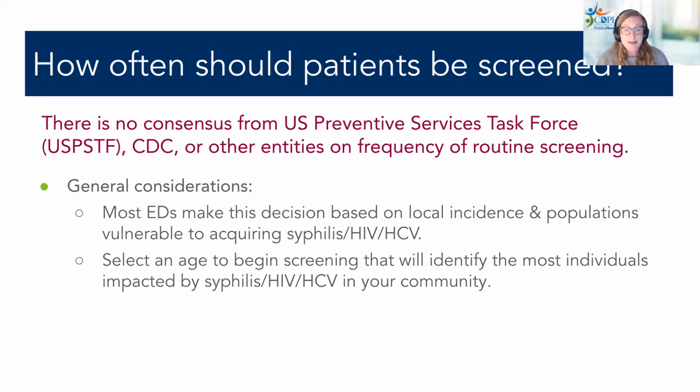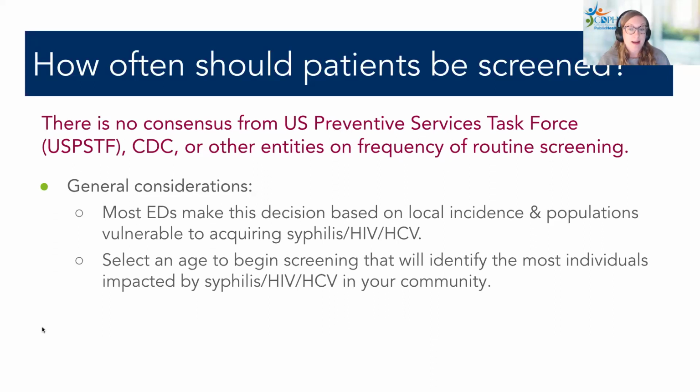Most emergency departments have to make a decision based on local incidence and population at risk. Implementing an EHR screening algorithm that identifies folks in part based on the last available test in the EHR system can help simplify identification of individuals for screening. I want to note here that there's a summary of HIV, Hep C, and syphilis screening recommendations and considerations for the ED setting on Bridges' FAQ page.